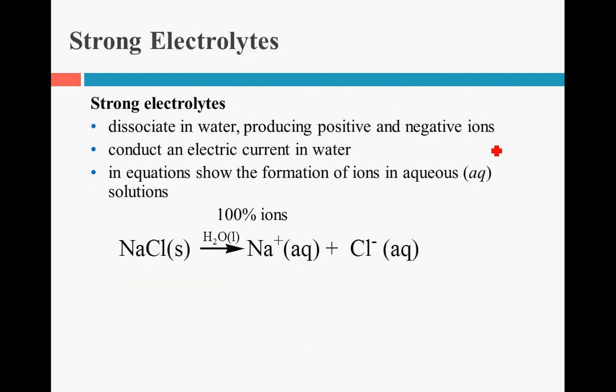So let's take a closer look at strong electrolytes. You'll notice NaCl here. It's a salt. If you look on the periodic table, Na is here, Cl is here. Na is the metal, Cl is the nonmetal.